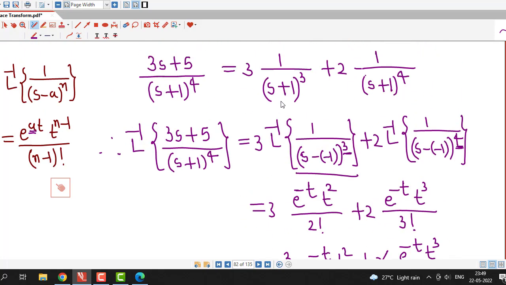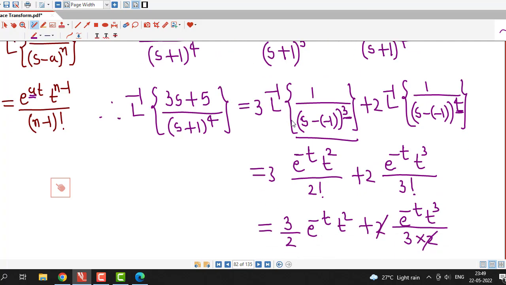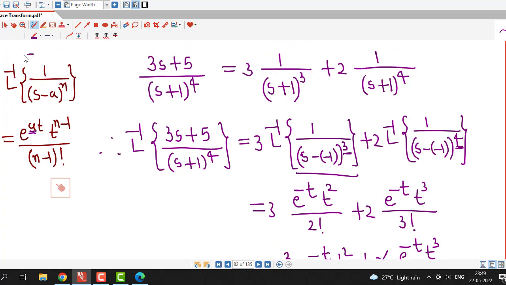So the main aim in this lecture is to make students familiar with this formula: 1 divided by s minus a raised to n has inverse Laplace transform given by e raised to at t raised to n minus 1 divided by n minus 1 factorial.